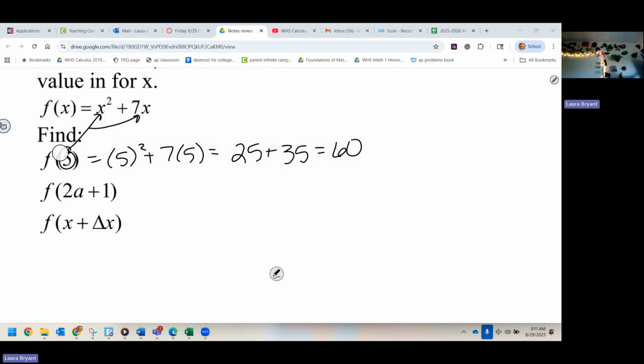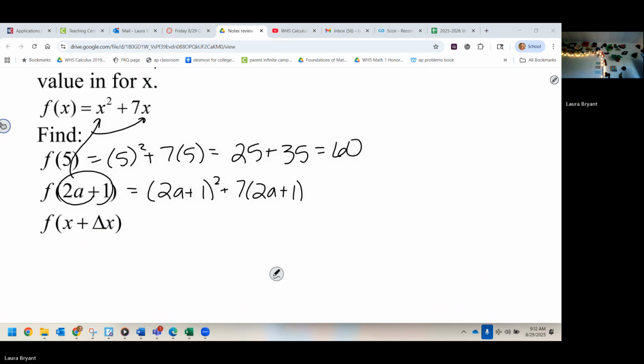Okay, fairly straightforward. Then we're going to make it a little more complex. F of 2a plus 1 means I'm plugging 2a plus 1 in place of the x. So 2a plus 1 squared plus 7 times 2a plus 1. Sidebar for a second: you cannot distribute a squared sign if there's a plus in here.